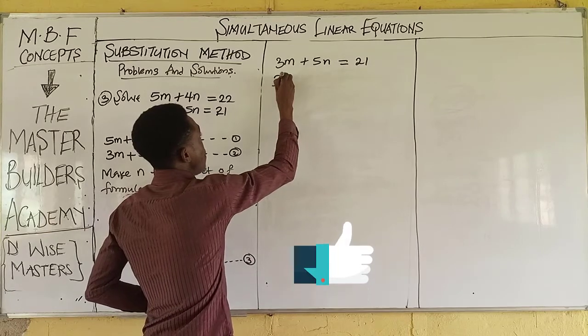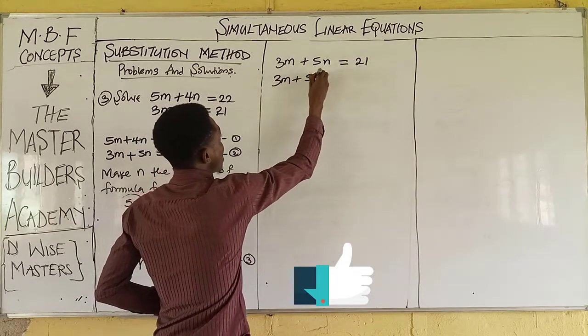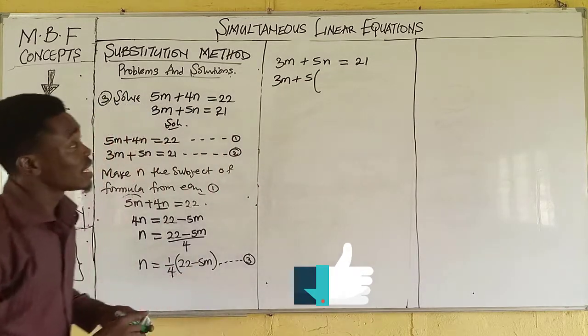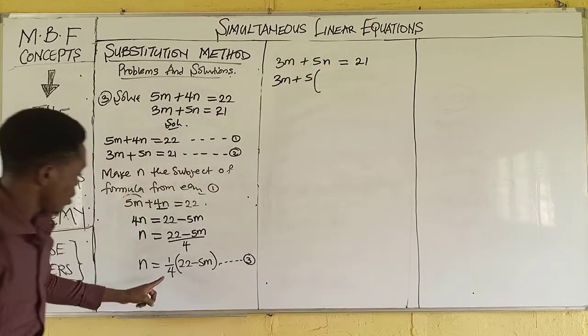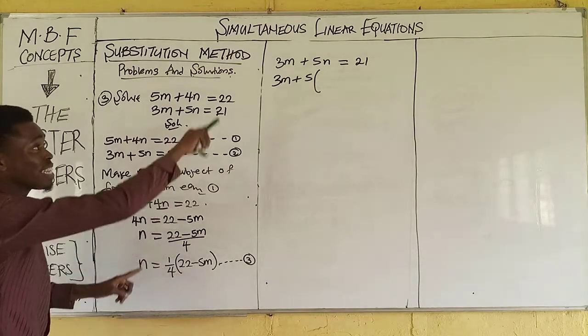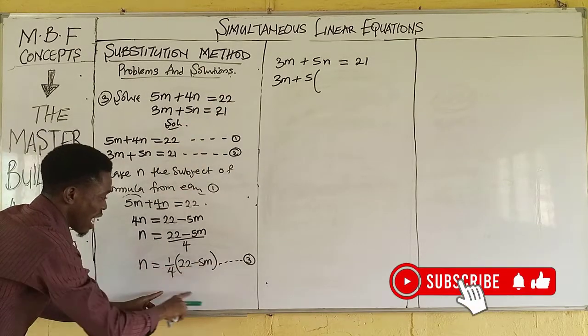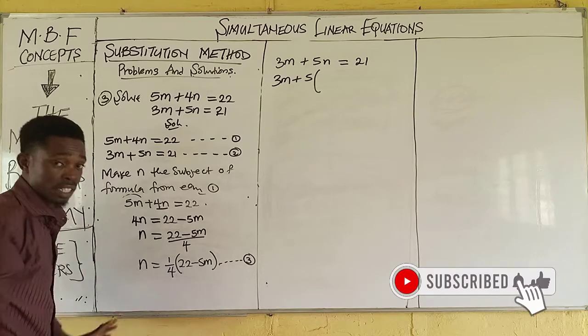Now I want to substitute for n. Don't forget that we are substituting for n. This is 5 times n. So what was the value of n? We come back to equation 3 and replace n there with everything that we have at the right hand side of equation 3.